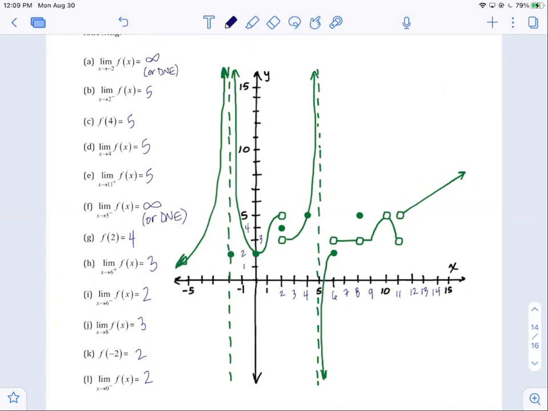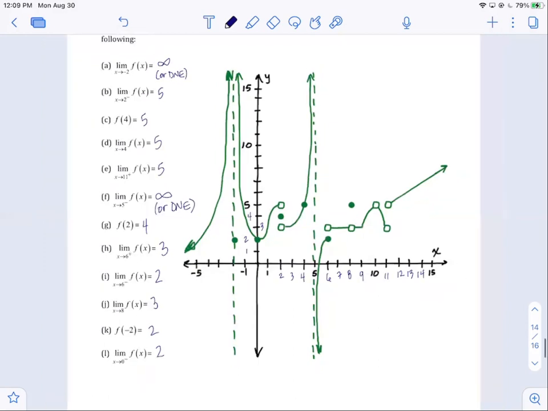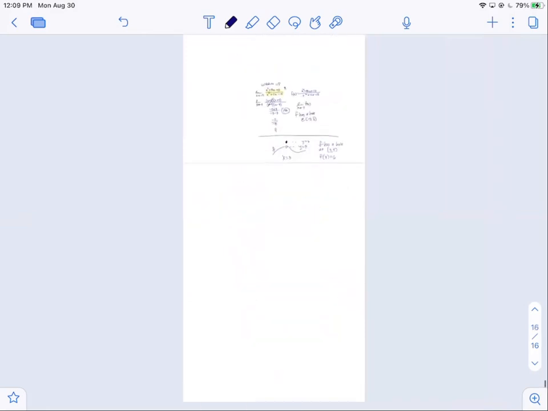So this would be explicitly defined by some piecewise definition to exist. But in a single defined function, like 1 over x squared at 0, the function will not exist. All right, so that concludes section 1.1.